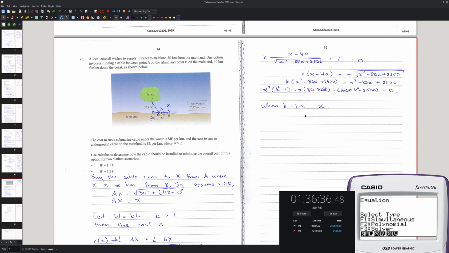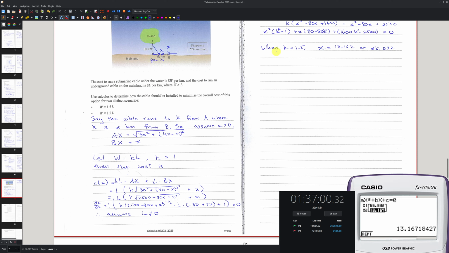Oh wait, I see, okay, I see what they're trying to cook up. I see the vision. 1.5 squared minus 1, 80 minus 80 times 1.5 squared, 1600 times 1.5 squared minus 2500. Okay, so this gives us x equals 13.167 or 66.832.